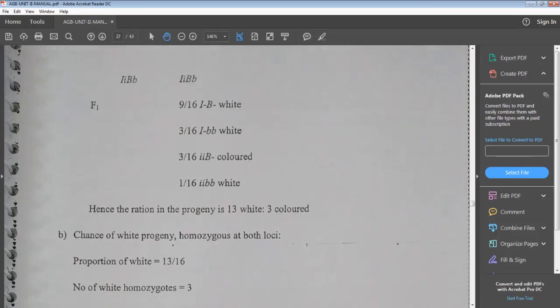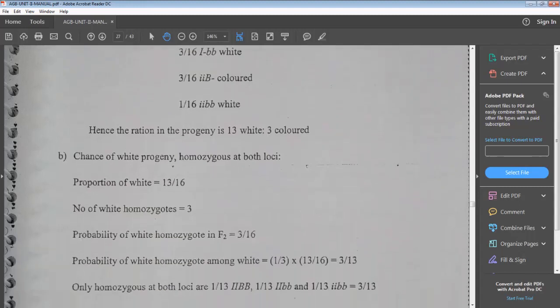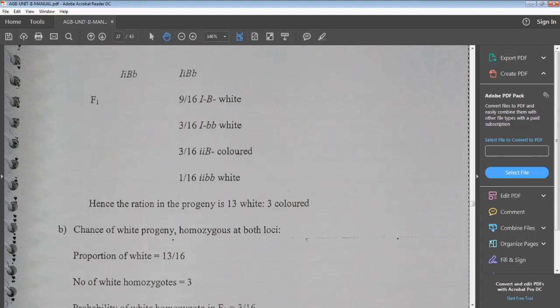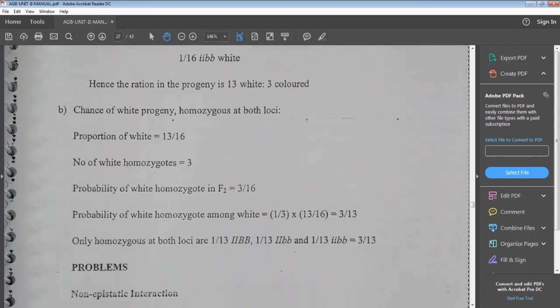The genotypic ratio is still 9 is to 3 is to 3 is to 1. You can say that we have 4 major classes genotypically, but phenotypically they are 13 is to 3. The chance of white progeny is 13 out of 16; at 13 places we have white, and only at 3 places, 3 out of 16, we are having colored.